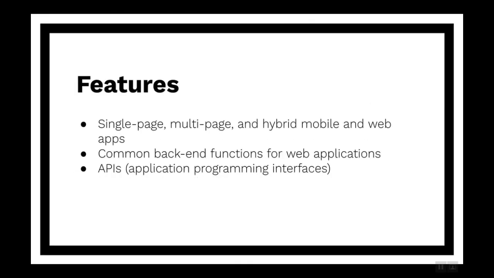So let's look at some of the features of ExpressJS. ExpressJS allows us to create single page, multi-page, and hybrid mobile and web applications. So when you think of the previous example that I gave you about e-commerce, that was just for the web application, it can be used to create mobile applications as well.